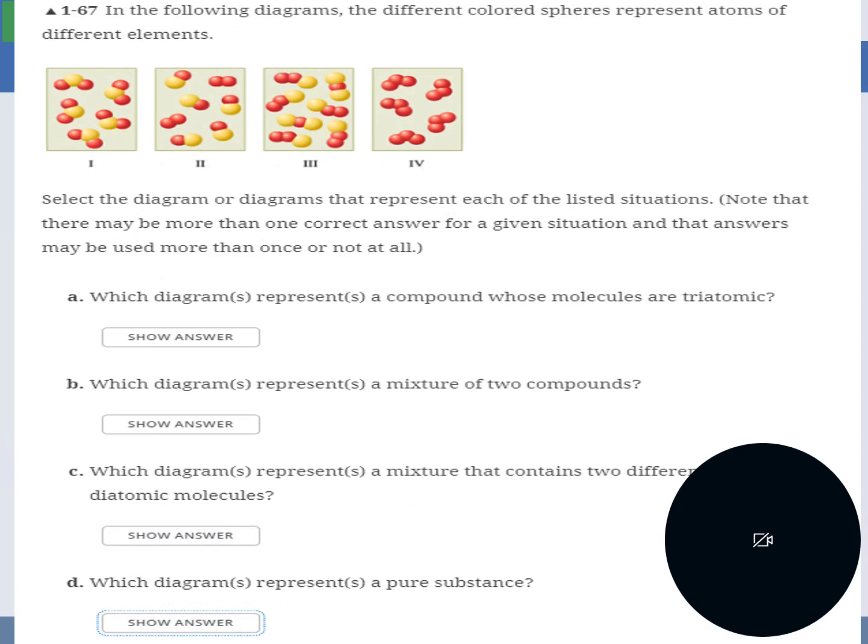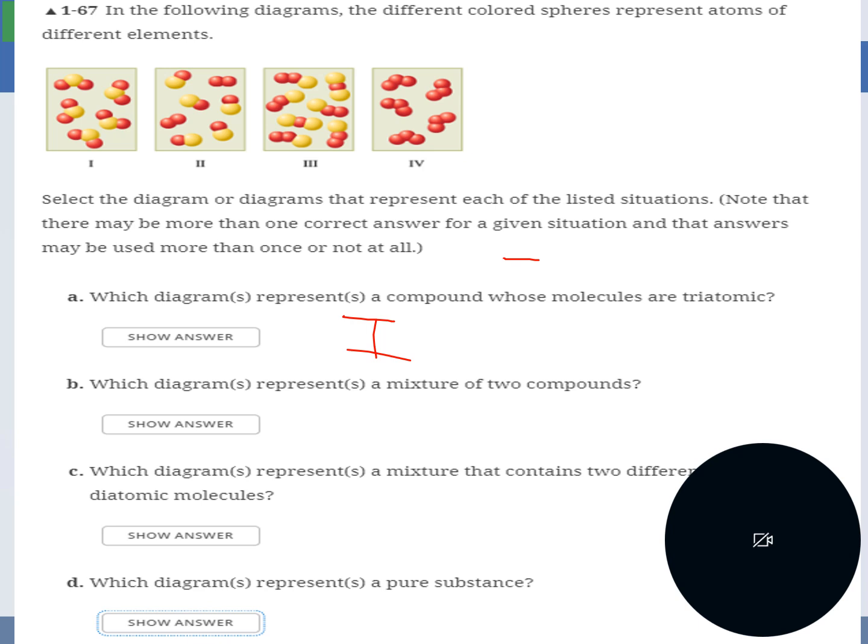Here's another learning check for us. We're going to look at the pictures and we're going to try to answer the questions A through D based on those pictures. And for A, which diagram or diagrams represent a compound whose molecules are triatomic? Molecule is going to be the same throughout, and that is going to be diagram 1. Which diagram represents a mixture of 2 compounds?